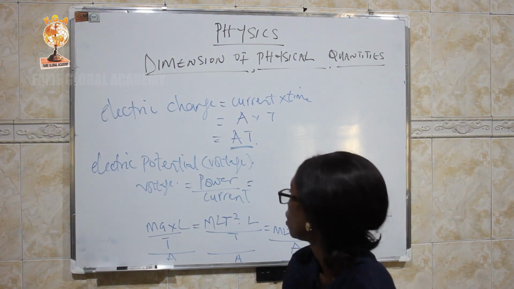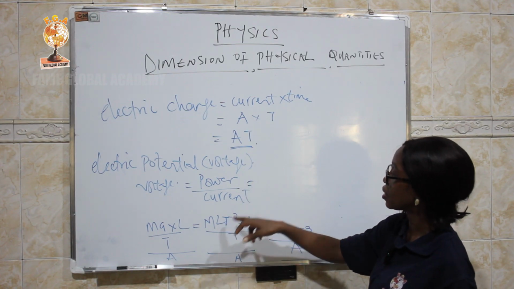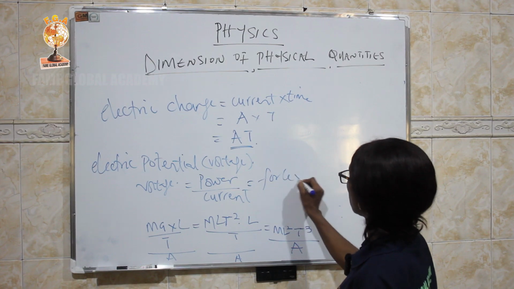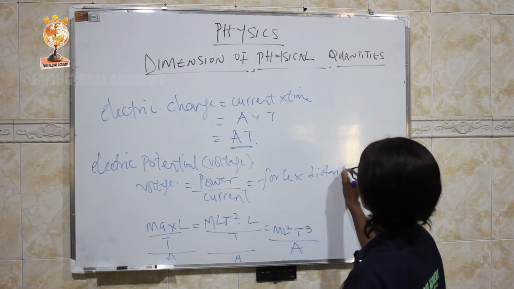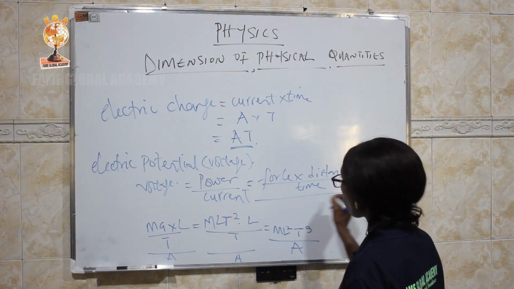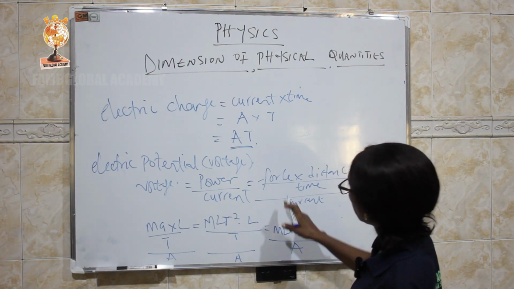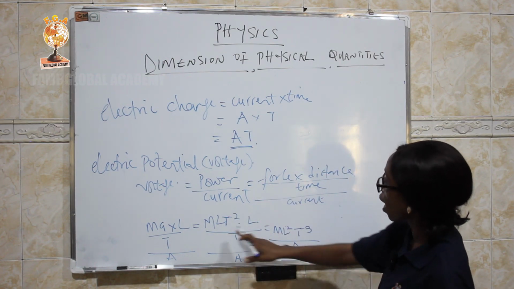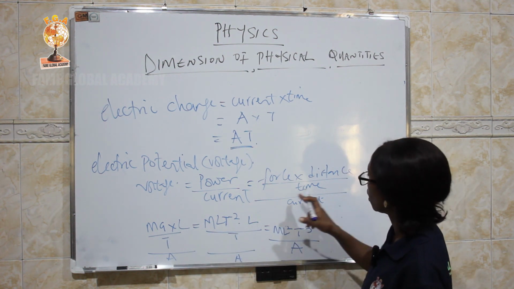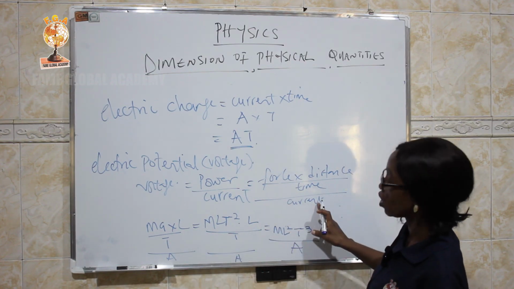We said voltage is power all over current, and power is force times distance over time. That is power. Then over current. Now force F is MA times L, where L is the dimension for distance, over time, where T is the dimension for time, over the current.